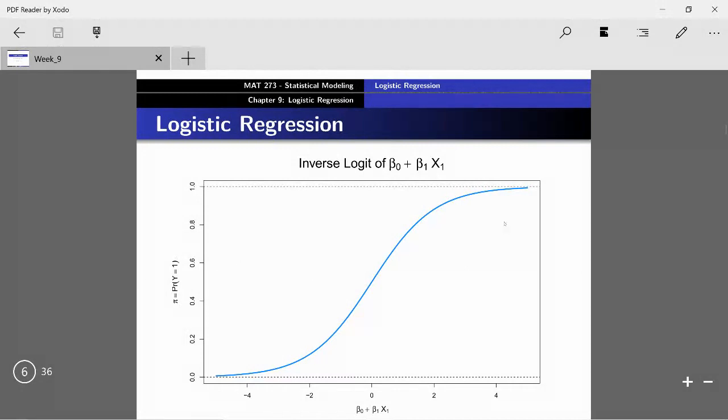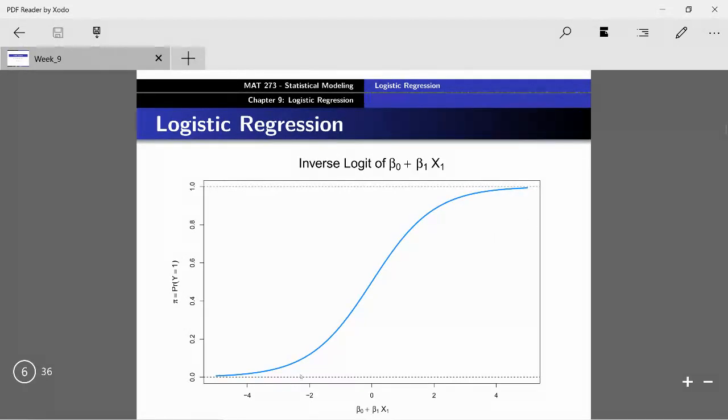As we mentioned last time in a previous video, this S curve is constrained between 0 and 1. There are horizontal asymptotes here at 1, where this S curve will keep getting closer and closer as the linear predictor gets bigger. And as the linear predictor gets more negative, it gets closer and closer to an estimated probability of 0.